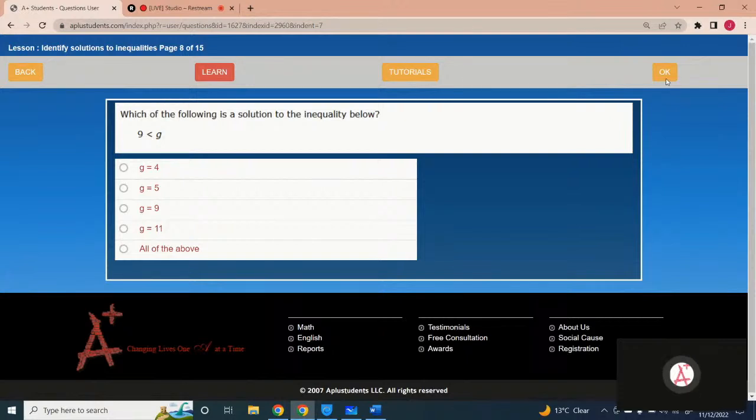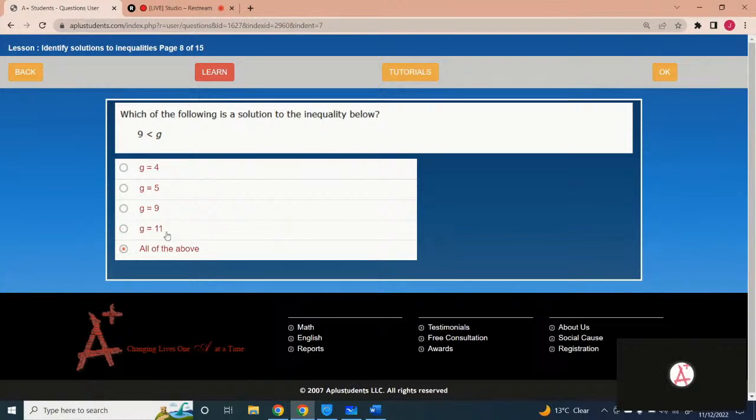Okay, 9 is less than g. 9 is less than 11.